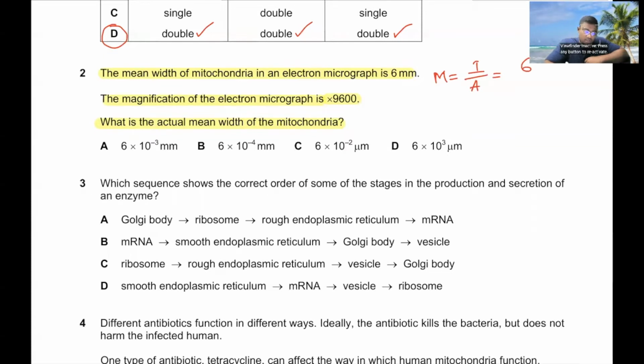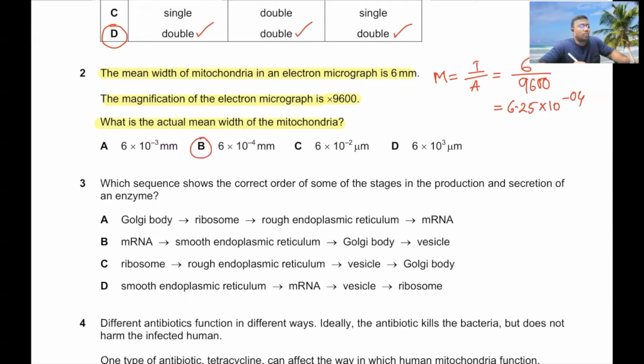So 6 millimeter divided by 9600 equals 6.25 × 10^-4 millimeter. So B will be the correct answer.